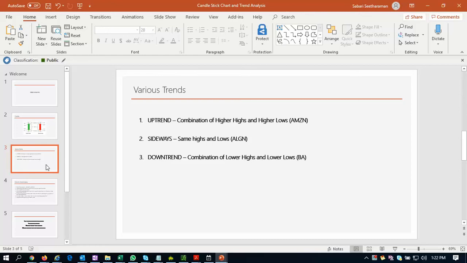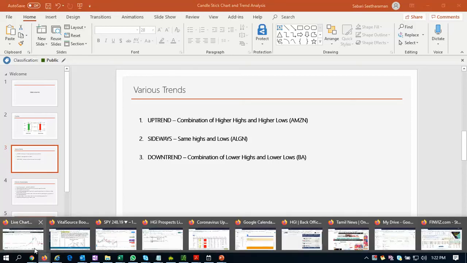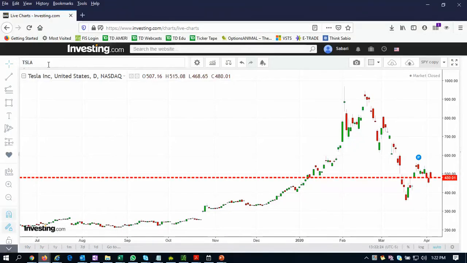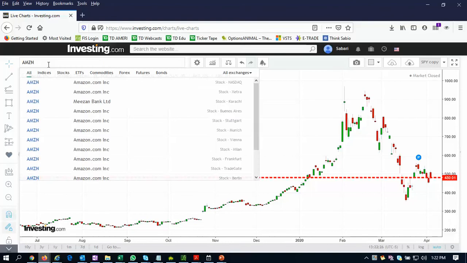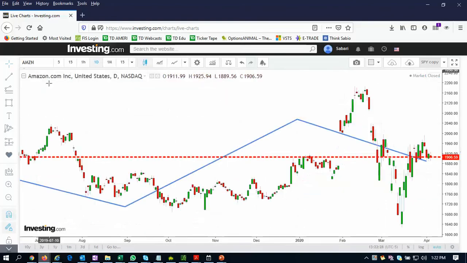Trend, we have three kinds of trend: uptrend, sideways trend and downtrend. Uptrend is the combination of higher highs and higher lows. I have an example. Let's go to Amazon.